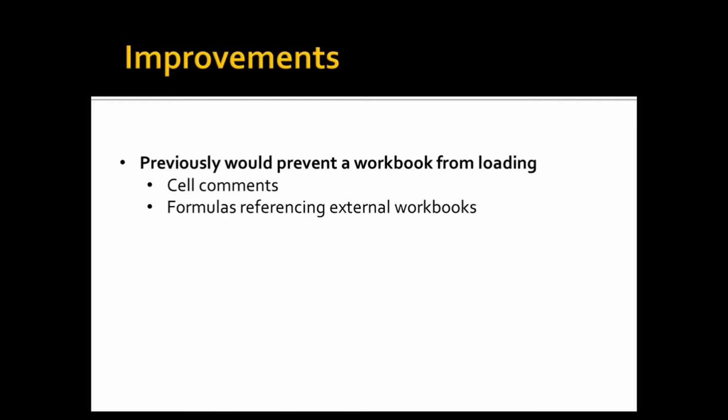Whenever you would try to open it inside the web browser, you would just get a notice that says, hey, you can't actually view this, so it's not going to let you interact with it. One of those other things that would do that was VBA code. So if you had any VBA code in there, it would also cause the workbook not to render properly. And then things like clip art. It didn't really enjoy having clip art inside your workbook. It wouldn't render all that stuff.